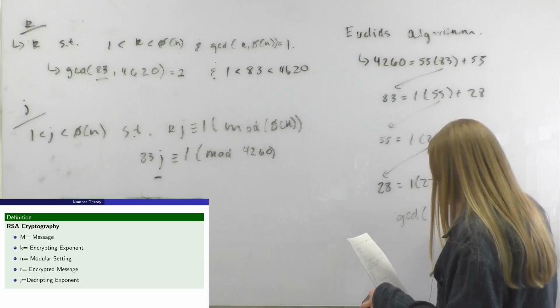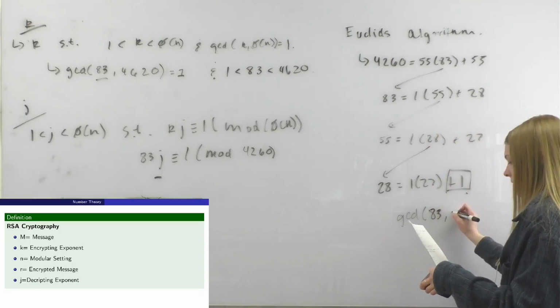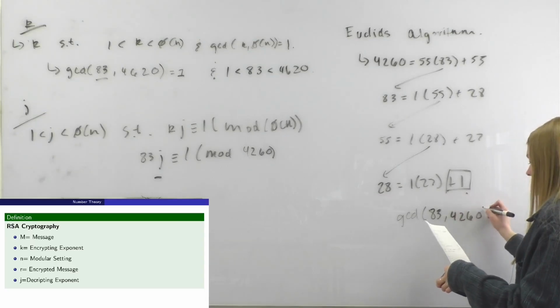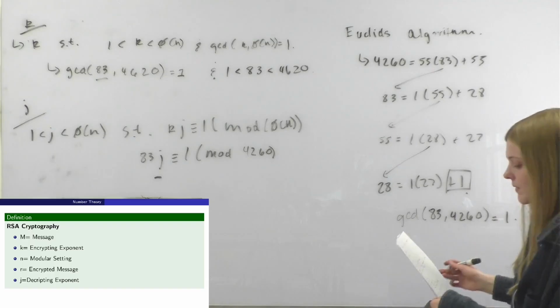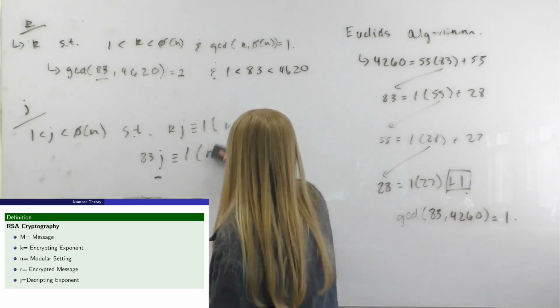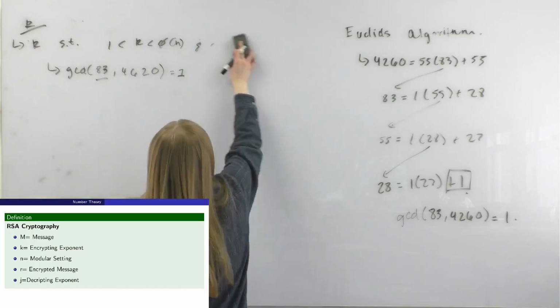Okay, so we have the GCD of 83 and 4,260 is equal to 1. Okay, and so we're going to use the results of this algorithm over here.